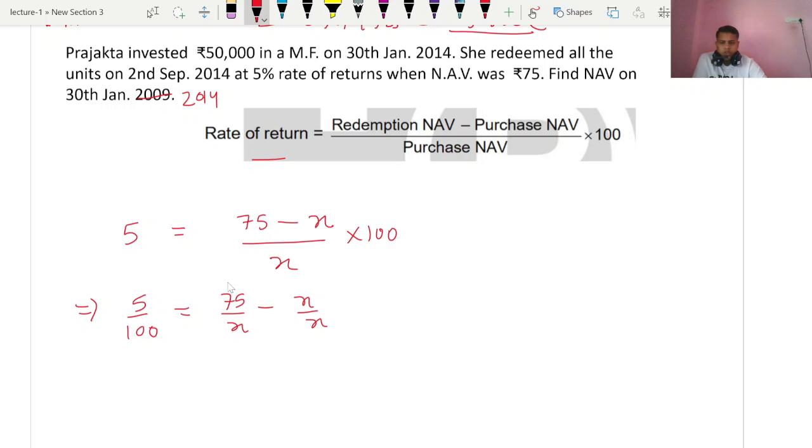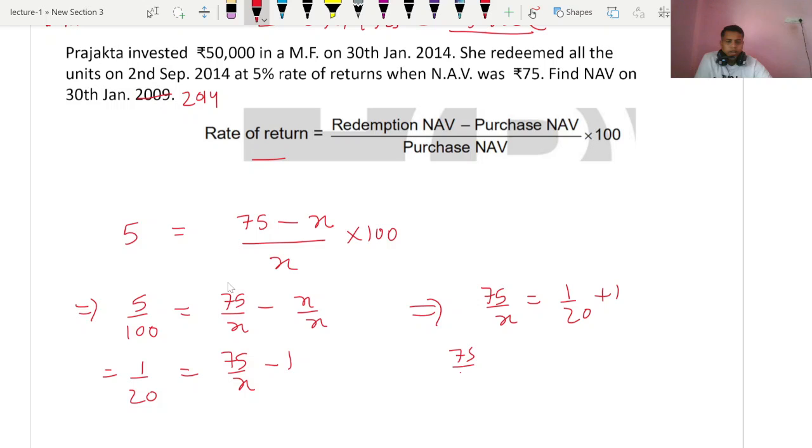Take the 100 to the other side. Now what will this become, 1/20 which is equal to 75 by x minus 1. So this implies 75 by x equal to 1/20 plus 1.